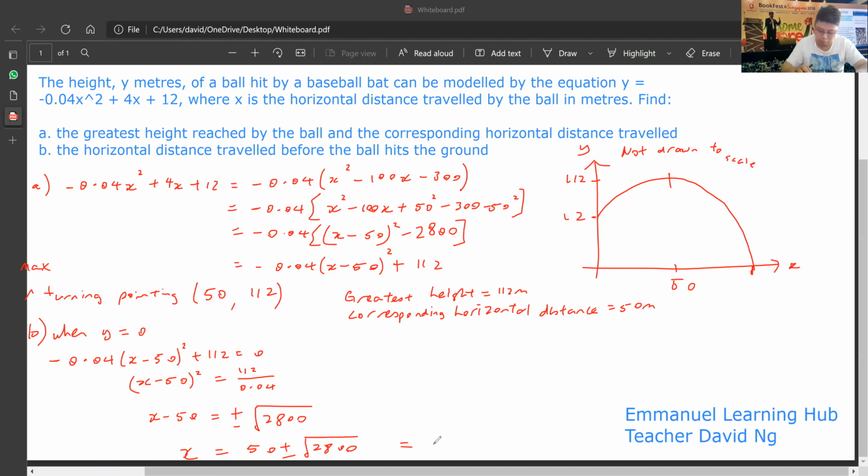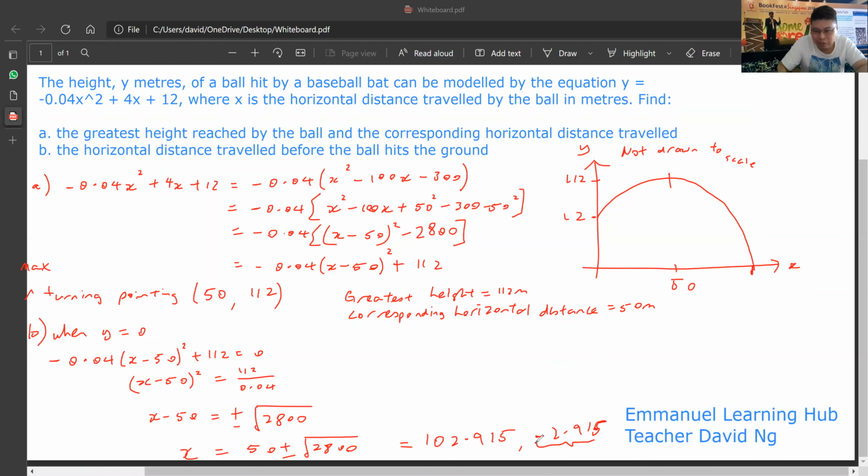I got a decimal for that. It's okay to write decimal. I wrote it to 3 SF. The other one is negative 2.915. Then which answer should you reject?